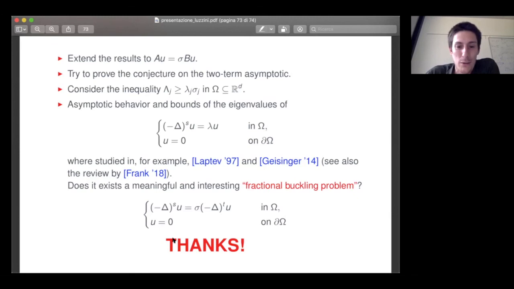To obtain estimates for lower order terms, one needs at least some regularity on the domain. And to prove at least the Weyl law, I believe it works without any regularity assumption on the domain. So it depends on which kind of result you are interested in proving. But yes, I believe you need some regularity.